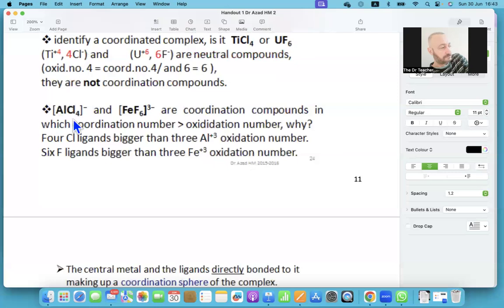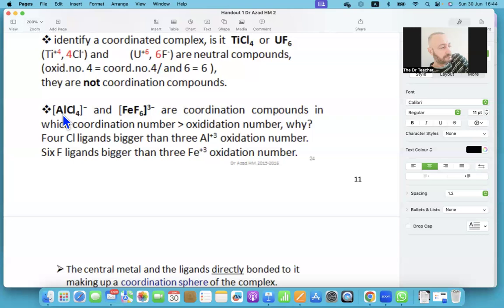The aluminum here has inside, don't forget, 4 chloride. So 4 chloride, the difference between the 4 minuses and this minus outside, the difference between 1 minus and 4 minus is 3. So the aluminum is +3 here.